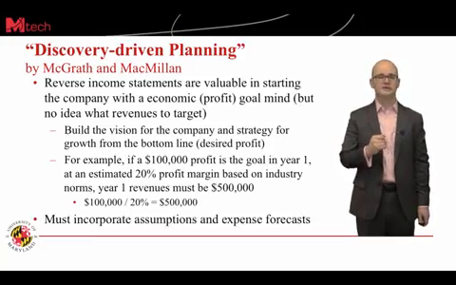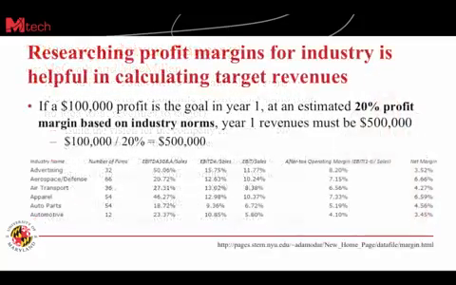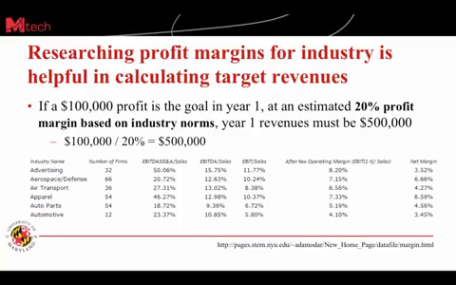From there, you can begin to detail some of your assumptions and some of your expenses. So looking at the industry as just a starting point, you'll want to go through and itemize each of those expenses on your own as well. And this shares a little bit more math on how we arrived at that $500,000.